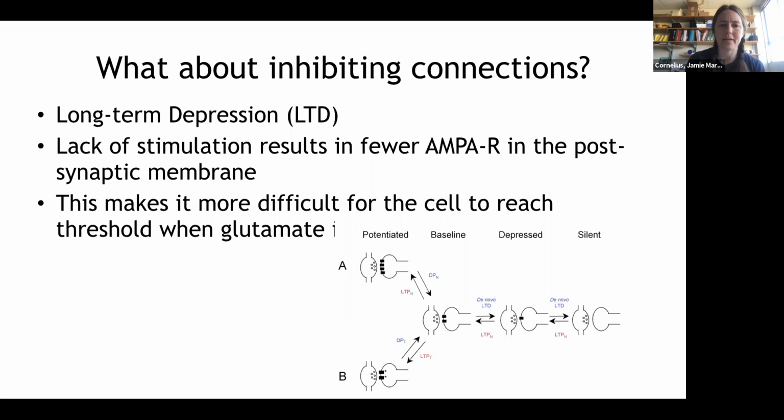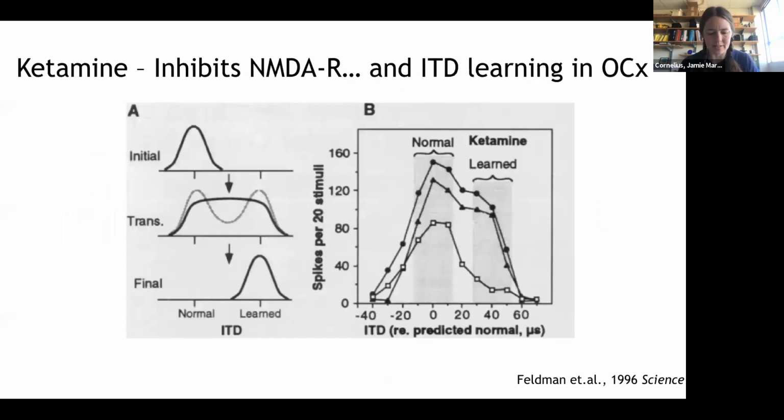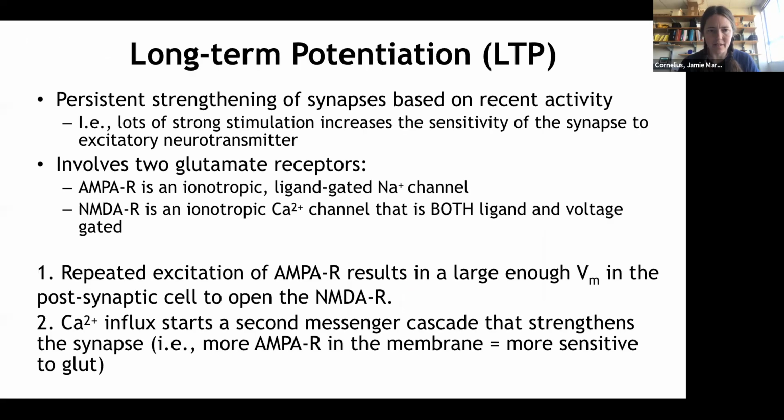Okay, so what about inhibiting connections? We know that in these complex center surround systems, for example, you have inhibition. We know that in learning, we had those connections. Let's see, how far back do we have to go for that?